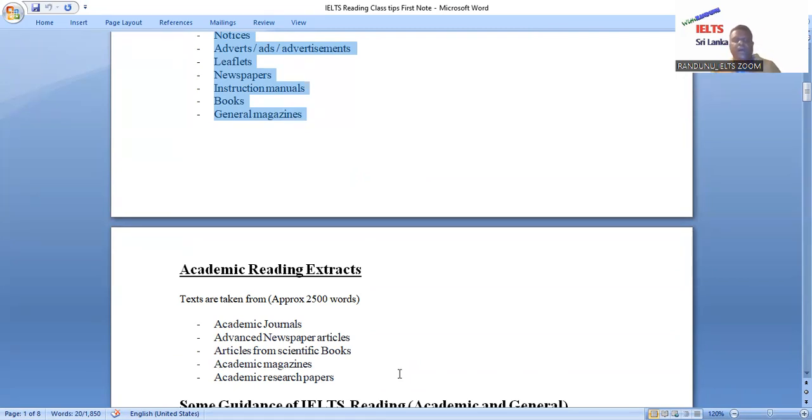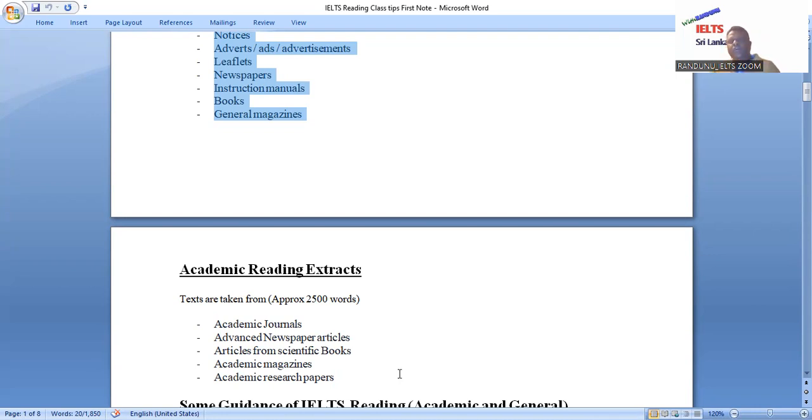It can be articles from scientific books, academic magazines, research papers, right? And the number of words is 2.5 times that of general, 2,500 words. You will find it difficult to do academic reading compared to general reading.